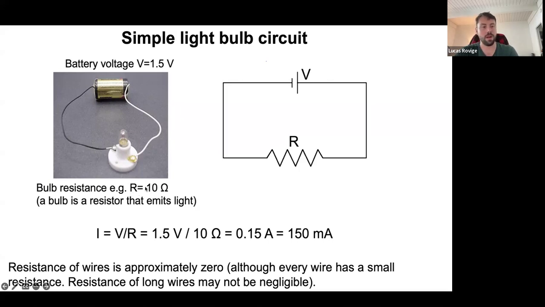A light bulb, especially a typical incandescent one, is just a resistor that heats up and emits light too, so electrically it can be seen as just a resistor.